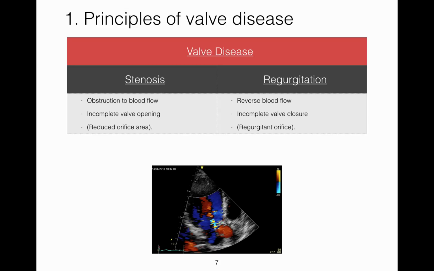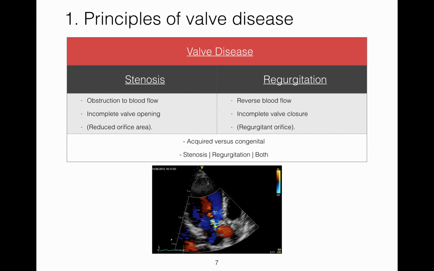As you know, obstruction to flow is termed stenosis. It's characterized by incomplete valve opening and a reduced orifice area. You also know that reverse flow of blood across a valve is termed regurgitation, and it's characterized by incomplete valve closure, resulting in a regurgitant valve orifice. Most often, disease that affects the heart valves is acquired.